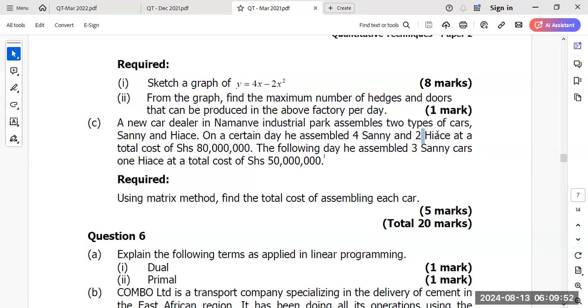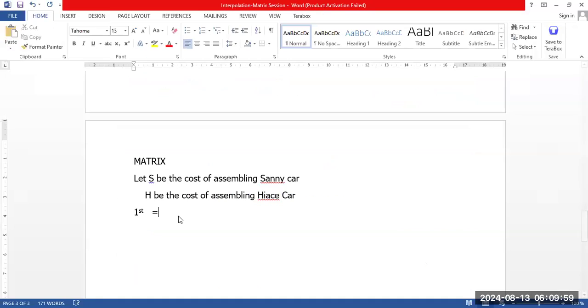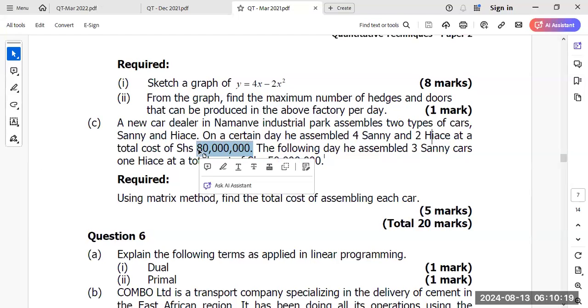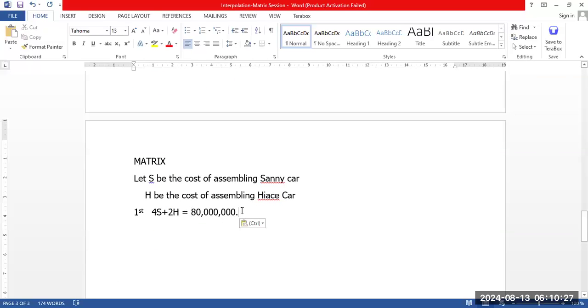Then here we get 2 times H. So here it will be 4S plus 2H. If we get 4S plus 2H, we will get what? The overall cost. The overall cost is how much? The overall cost is 80 million.